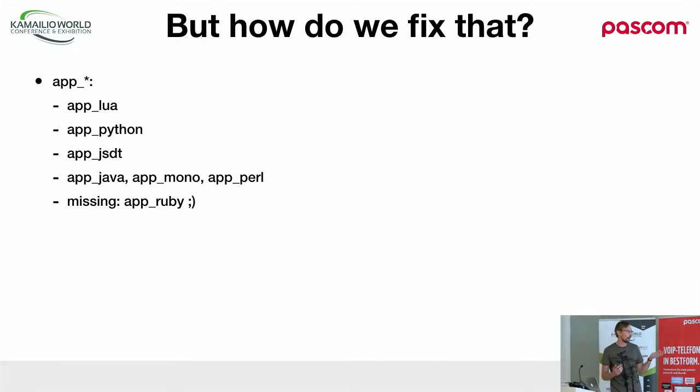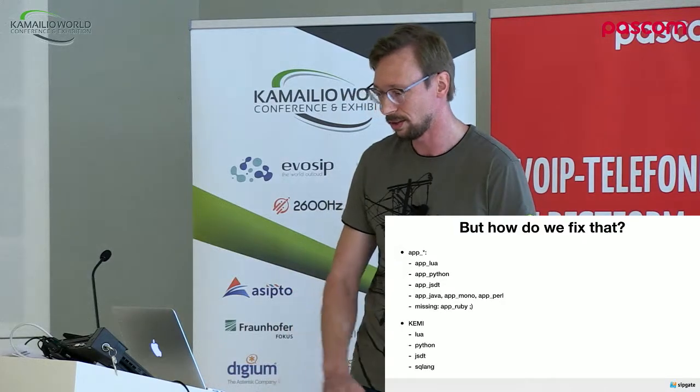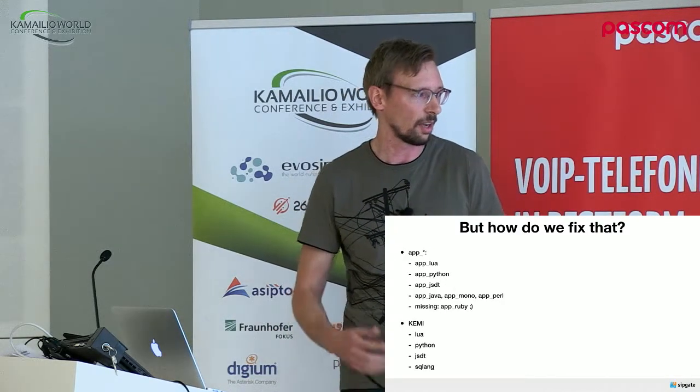Okay, not the one of my choice because AppRuby is missing. But you can take Lua, Python, JavaScript, or even Java, Mono, Perl. When doing this, you can call some functions out of your main Kamailio config script and extract some functionality.